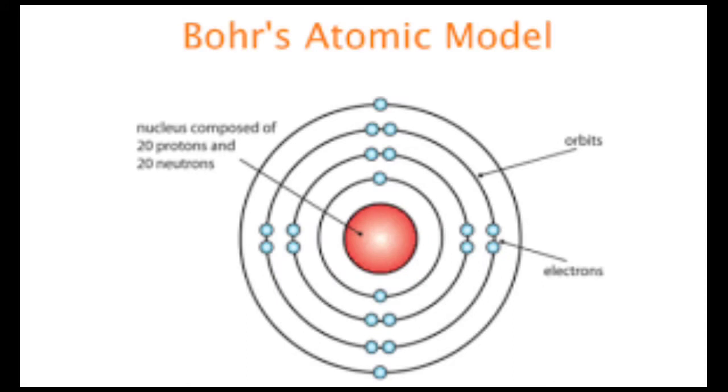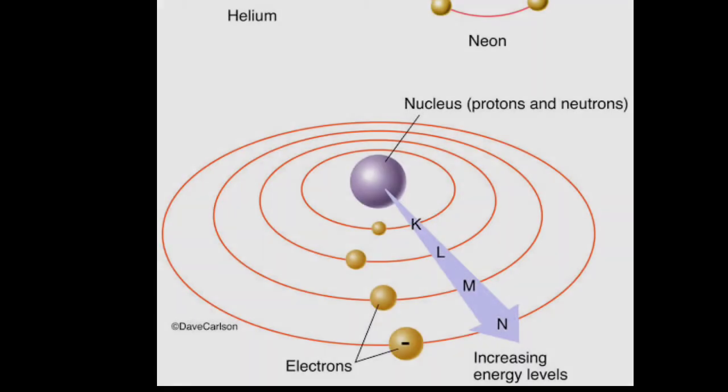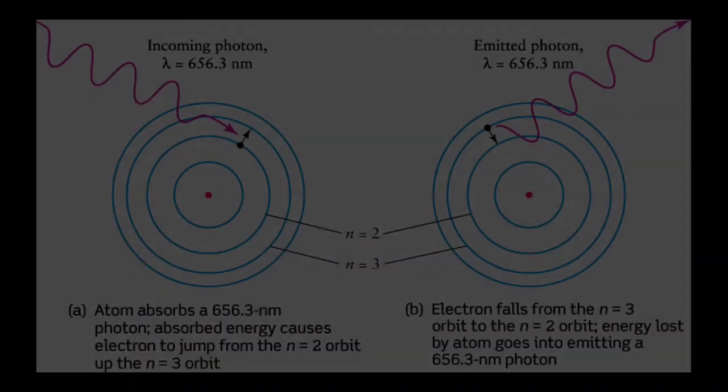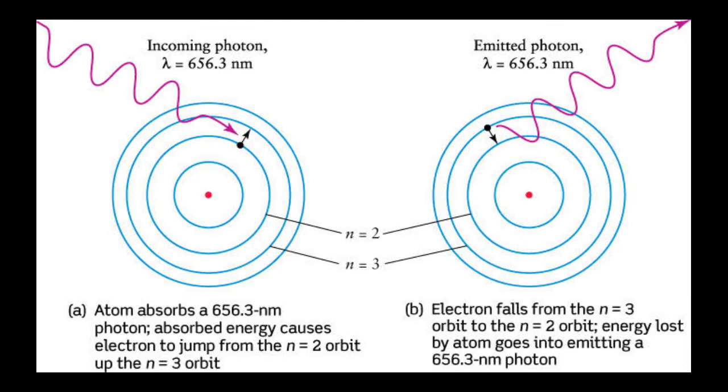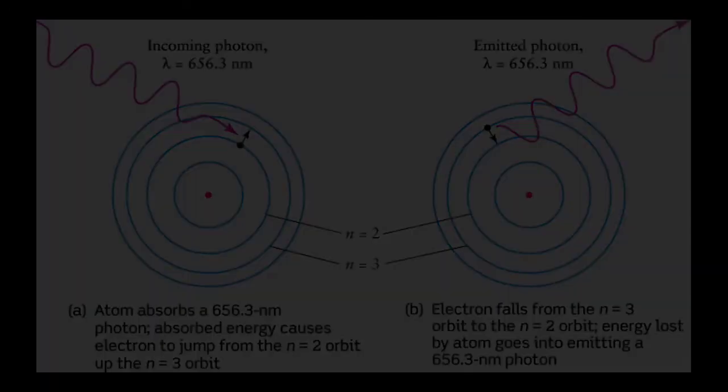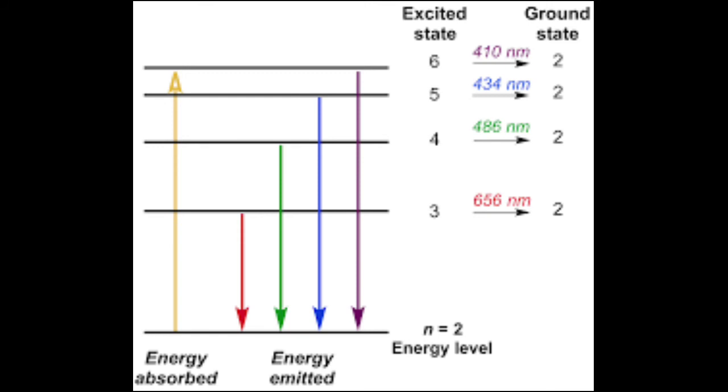While revolving in these orbits, the energy of an electron remains constant so long as it stays in a given orbit. Electrons present in different orbits have different energy levels. When electrons jump from a lower level to a higher level or from a higher level to a lower level, the line spectrum is obtained.